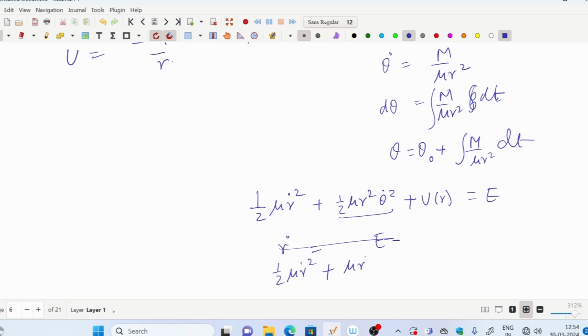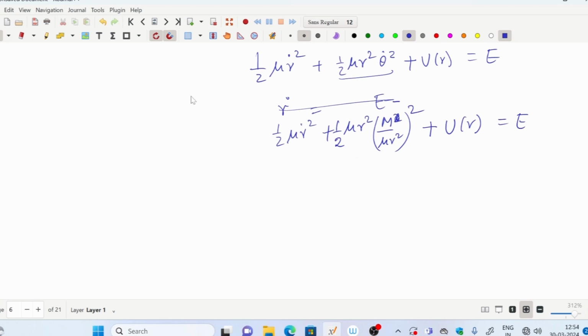So, half mu r square times m square by mu square r to the power 4, plus u of r equal to the constant energy E. Okay. I hope you are following this mathematics. So, now I can write half mu r dot square equal to E minus u of r minus the centrifugal term, and if you simplify this term, one mu r square will get cancelled.